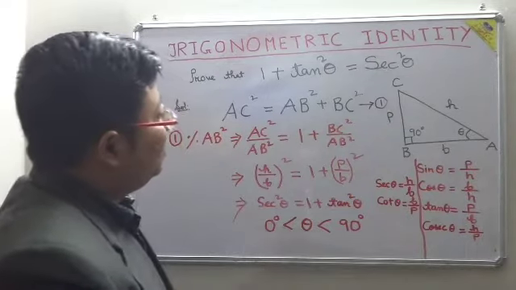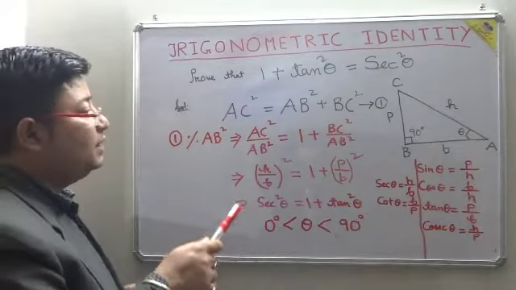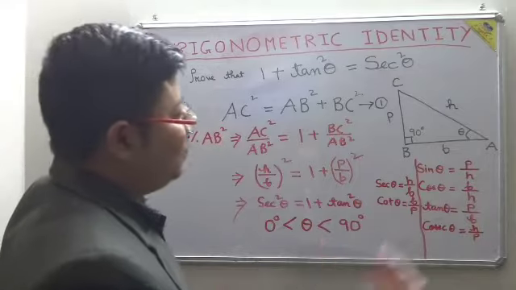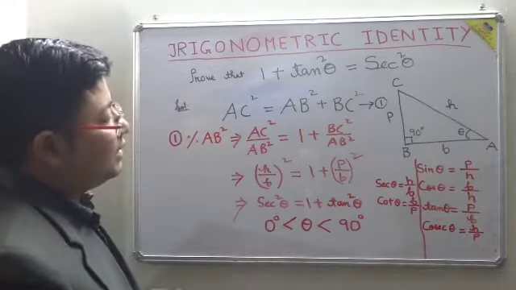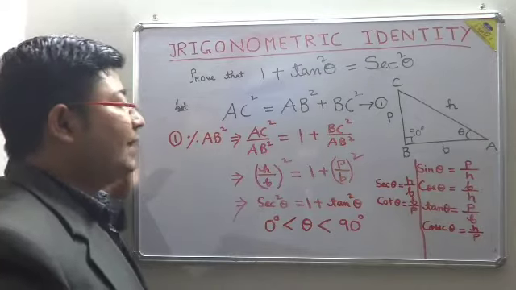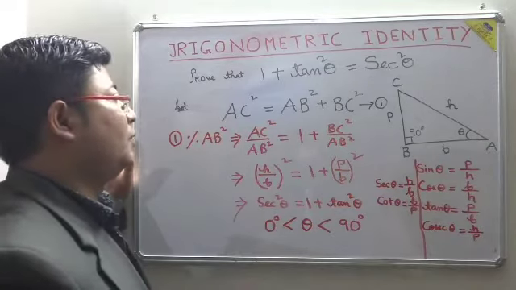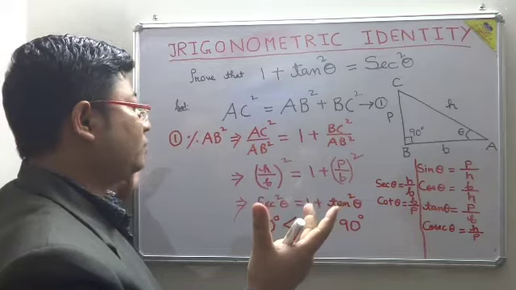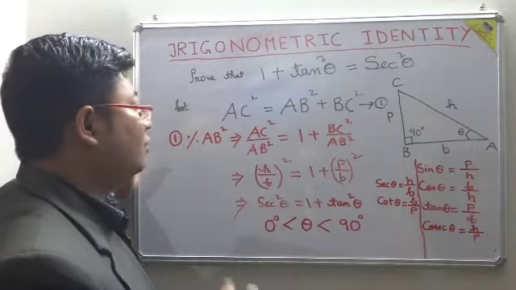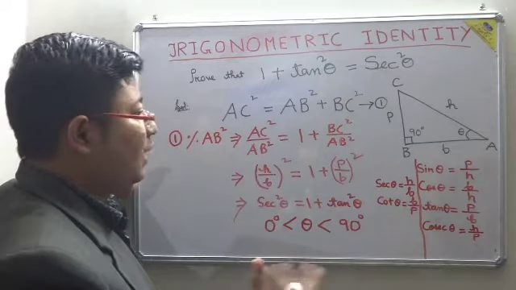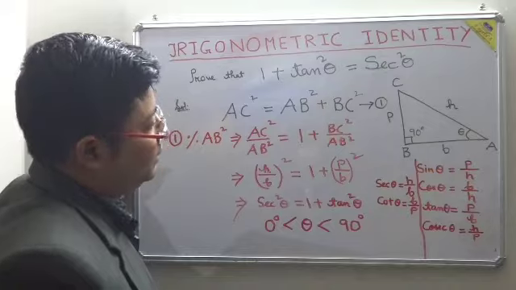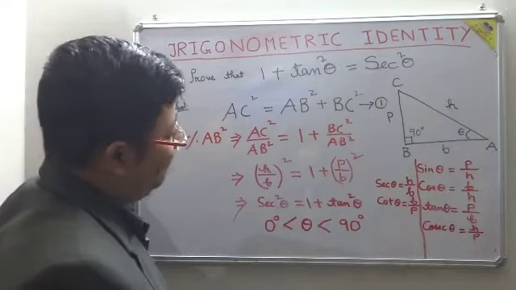Last time we saw sin 0 is 0, cos 0 is 1, sin 90 is 1, and cos 90 is 0. Now tan 0: tan 0 means sin 0 by cos 0. Sin 0 is 0 and cos 0 is 1, so 0 by 1 will be 0.